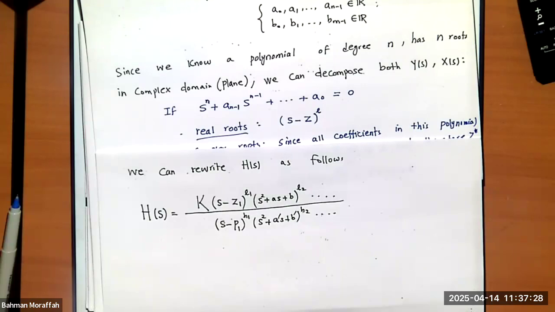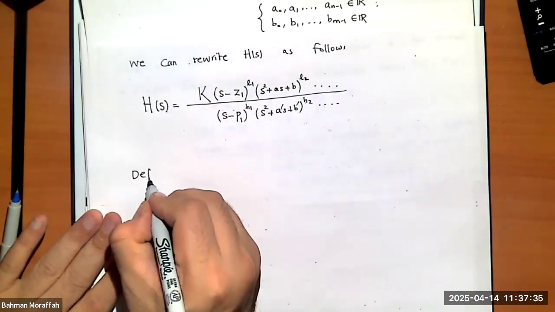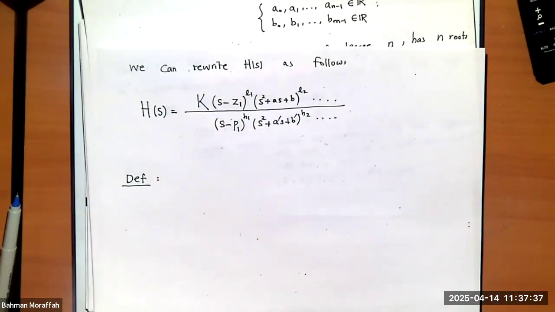Let's just define a few things. So, definition. H of s is a polynomial divided by a polynomial. If you look at the roots of the numerator, which means the roots of y of s, whatever roots we have, we call those roots the zeros of this h of s.